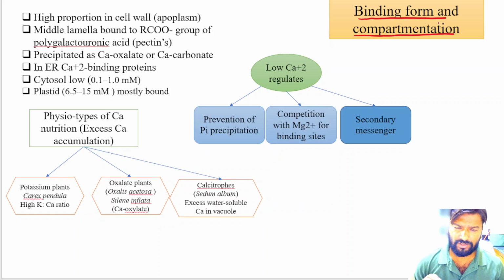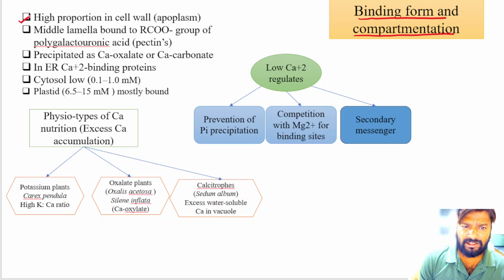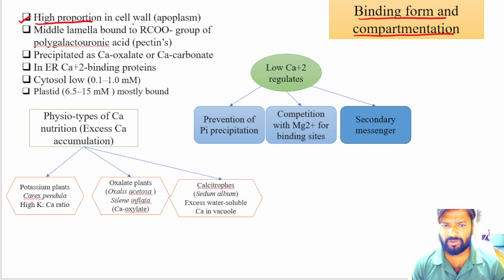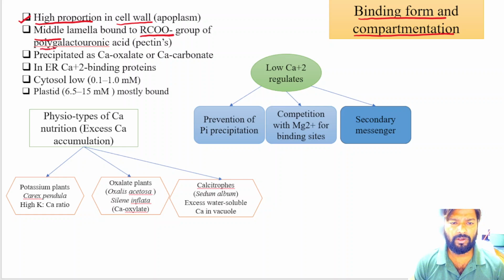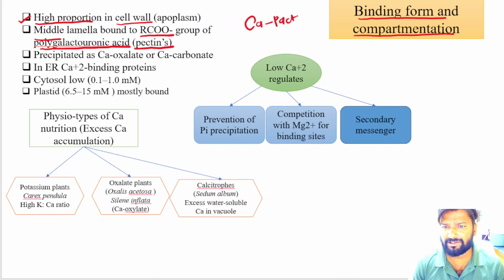So what all will come in this? First, calcium is in high proportion in the cell wall. So you know that this is the major part of the cell wall. In the middle lamella, it is bound to the carboxylic group of polygalacturonic acid or pectin. I said in the last line that it forms calcium pectate.